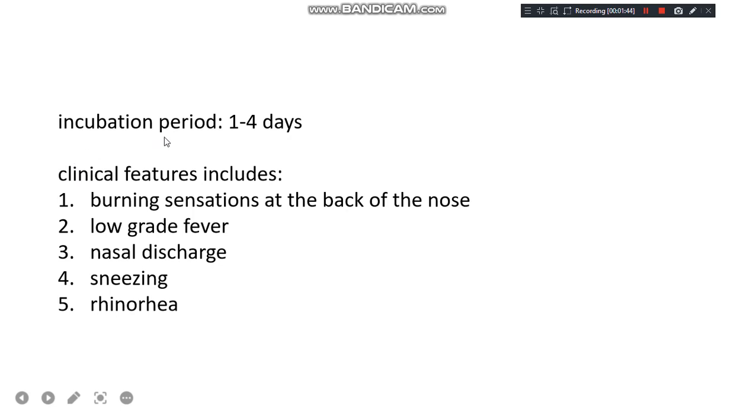The incubation period of this type of rhinitis is 1 to 4 days. The clinical features include a burning sensation at the back of the nose at the very beginning, and then low grade fever. There will be nasal discharge, again watery because it's a viral infection, sneezing, and rhinorrhea.